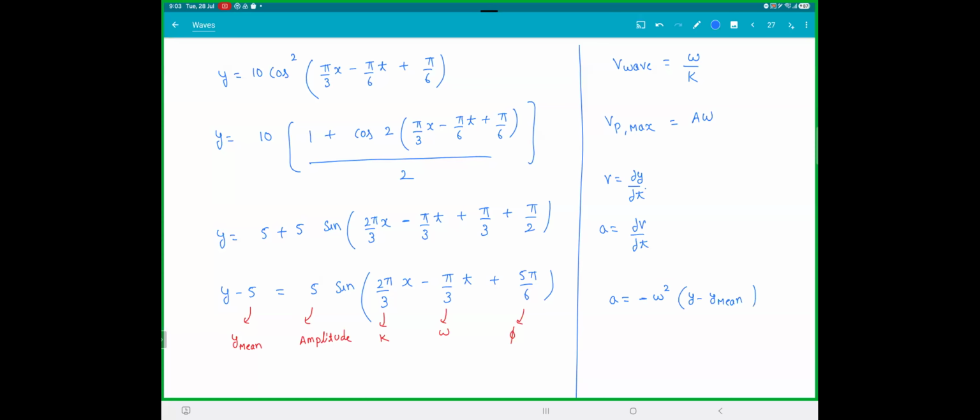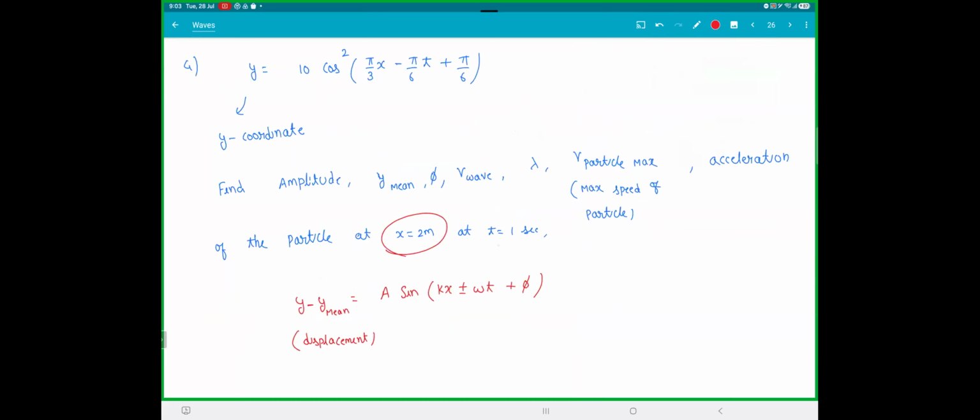Isn't that the relation between acceleration and displacement in an SHM? a is equal to minus omega square x, where x is the displacement. So this y here is your y coordinate. So y final minus y mean is the displacement. Omega value I know, y minus y mean I know. So this whole function I know. Yeah, you're done. Substitute there and then put the values of x is equal to 2 and t is equal to 1 and you'll get your answer.